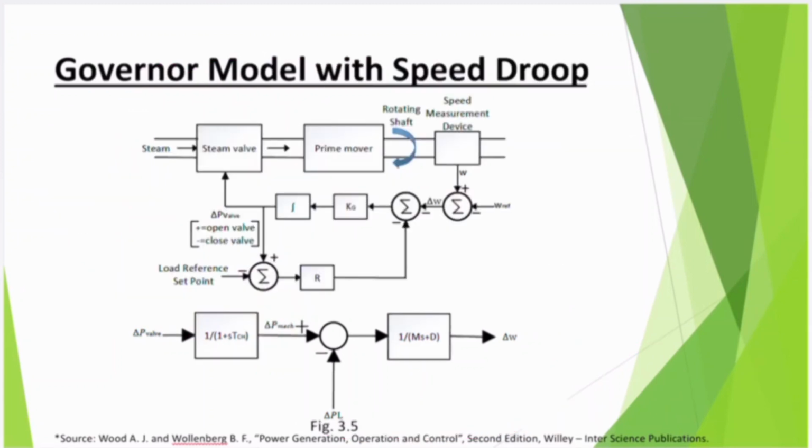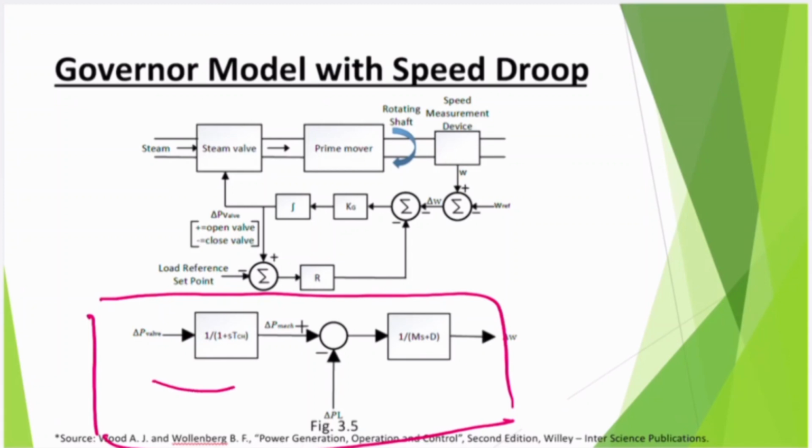So let us move to the governor model with droop speed. As you all know, this is quite interesting. For the governor model, this section we have already discussed, but the governor model will help me understand how this mechanical power is being injected.